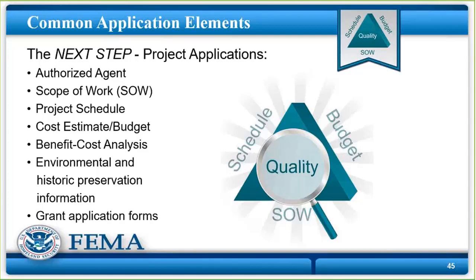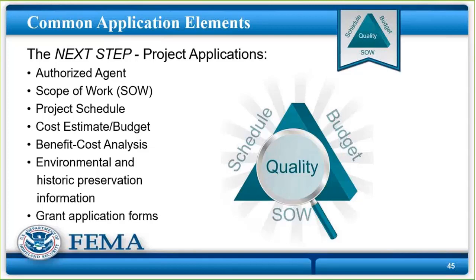So another element, a primary element, is the project scope of work. What are you going to do? What does it look like? Where will it be? Then the project work schedule, starting from the time of award, which will vary from project to project depending upon the environmental review. The cost estimate and the budget.